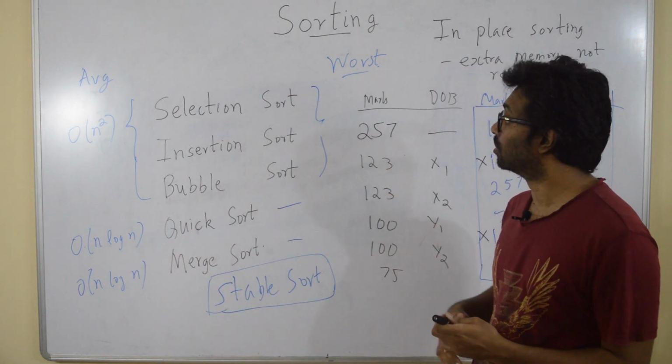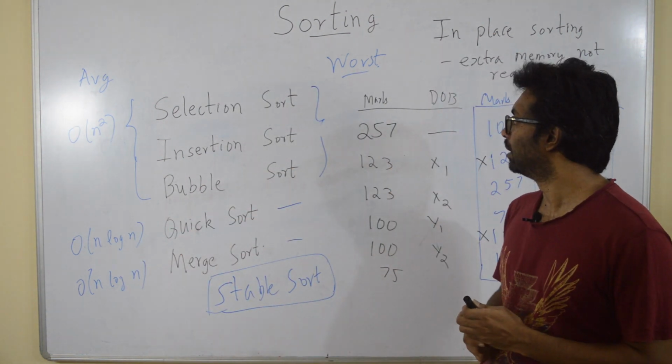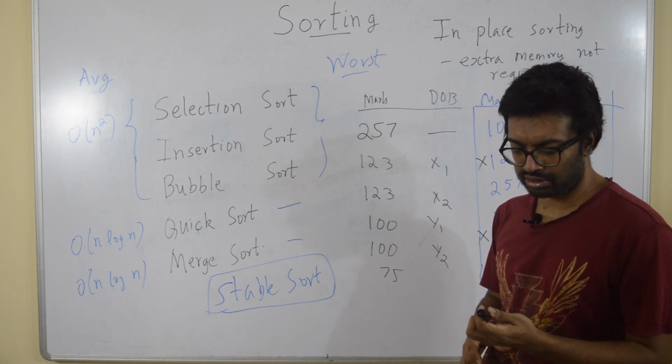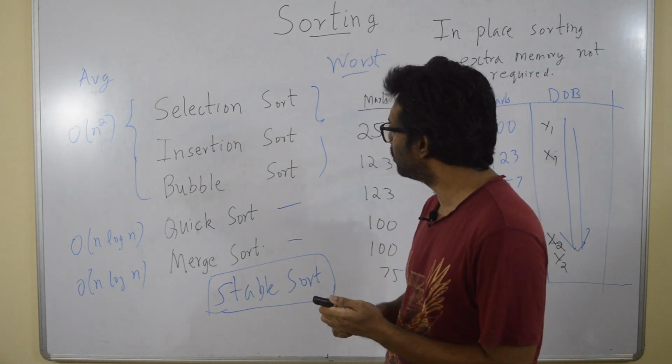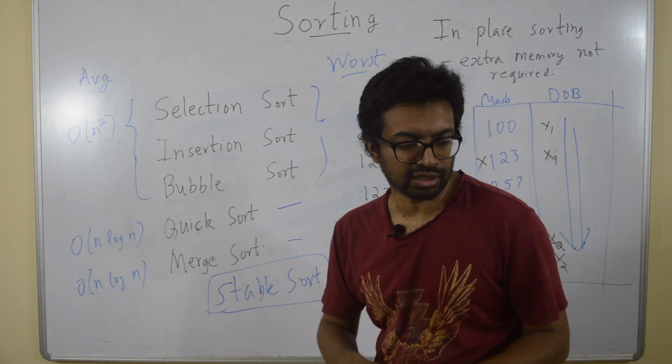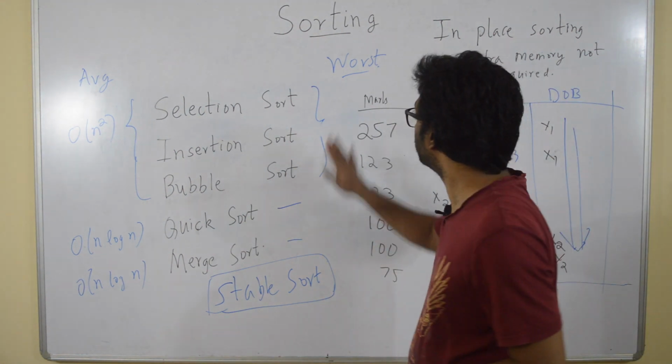So which of these algorithms support stable sorting? Let's check that. Let me tick mark which are stable sorting.